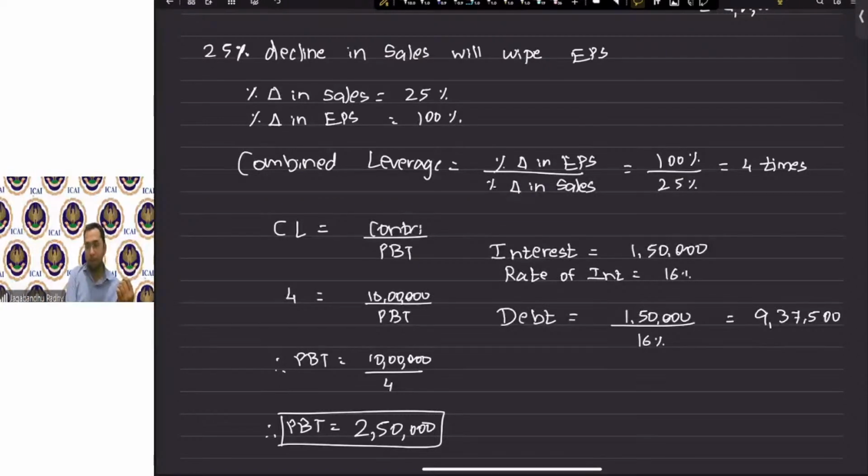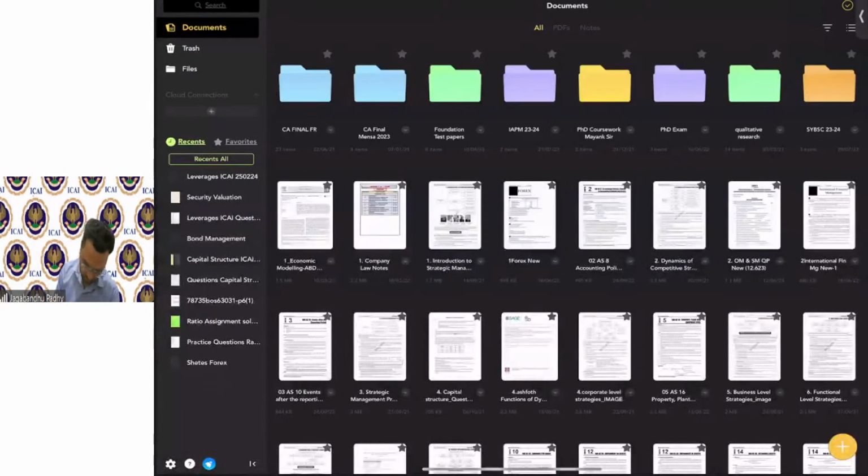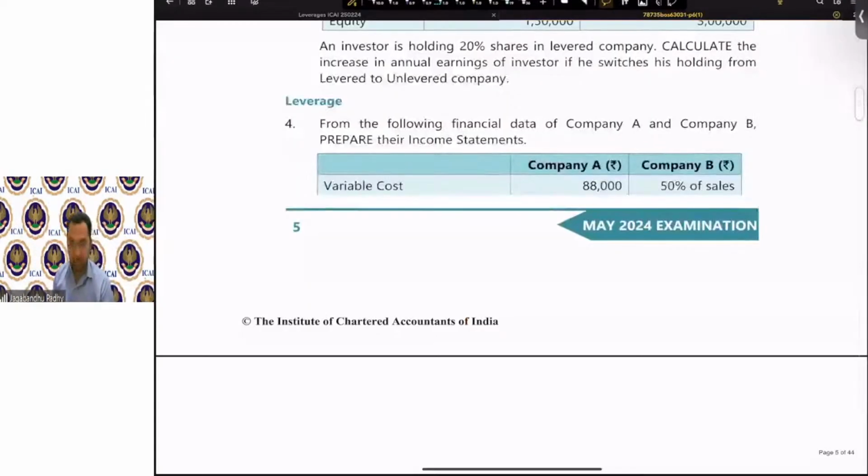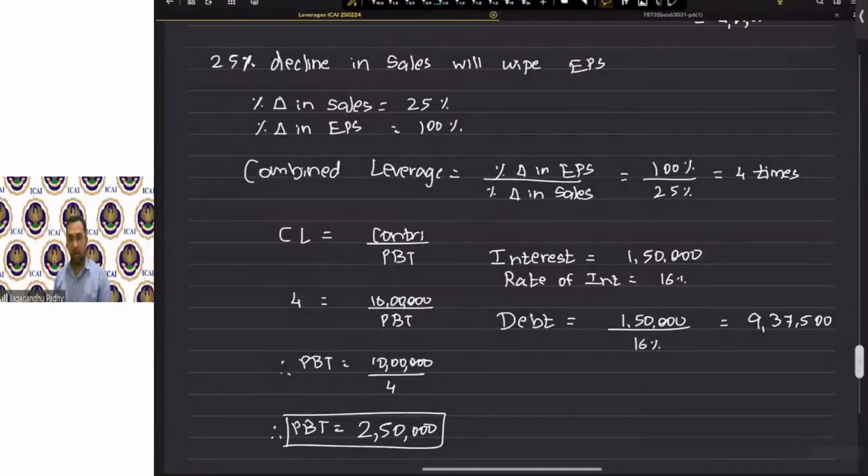Is this clear to everyone? Because then I would like to take up the RTP question for this chapter of leverages. Is this question clear to everyone?